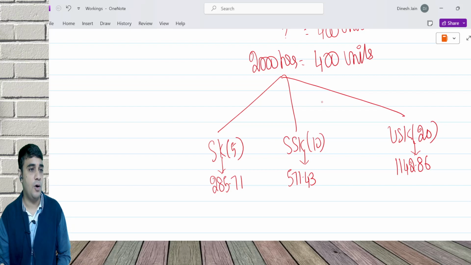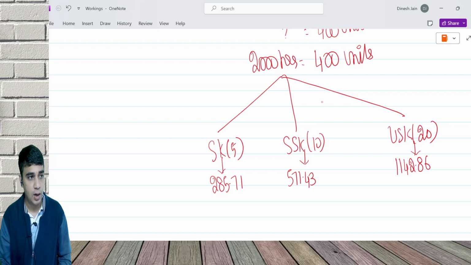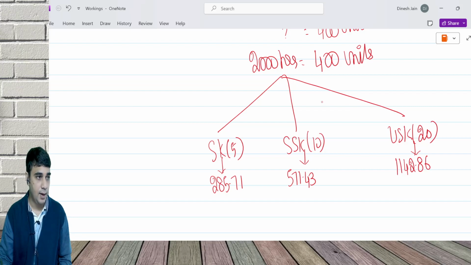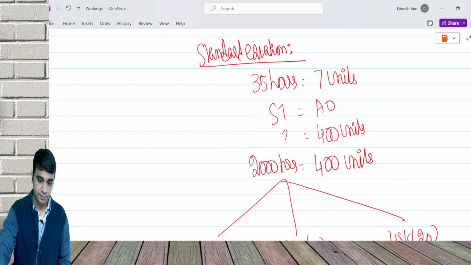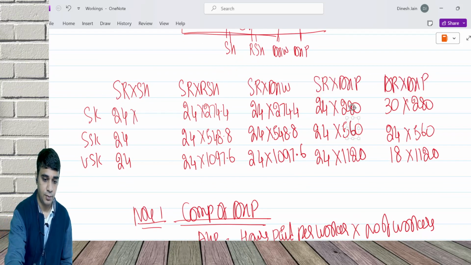Technically, even if you round off and do, it won't make a big difference. But okay, I'll keep it as 2 decimals. 285.71, 571.4, 1142.86. Any doubts on this? Any doubts on any of these numbers? 285.71. What is the second number?